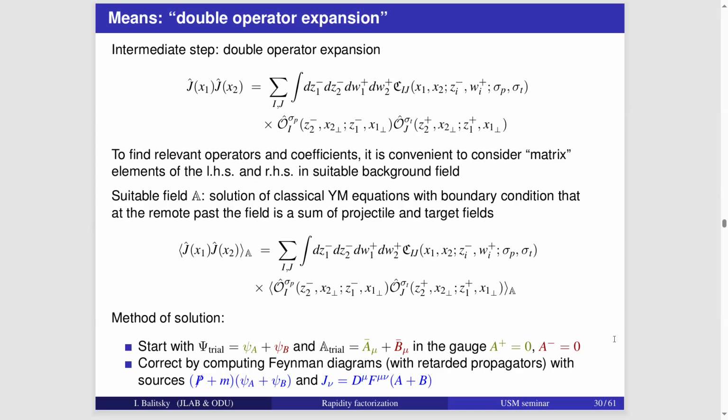Now the method of finding this classical field. Start with a trial field, which is the sum of the projectile and target fields, and correct it by computing Feynman diagrams with the sources, because these are not solutions of the classical equation. There will be sources, just the effect of the action, and they serve as sources for this correction field.